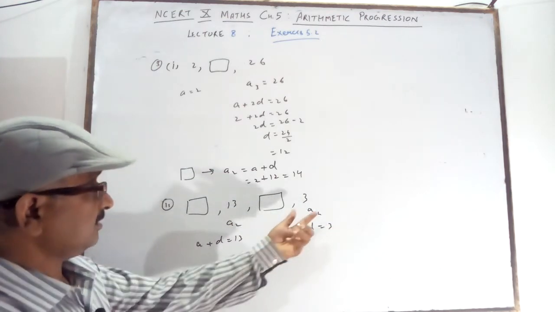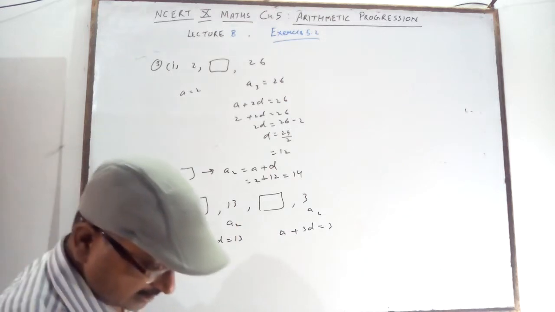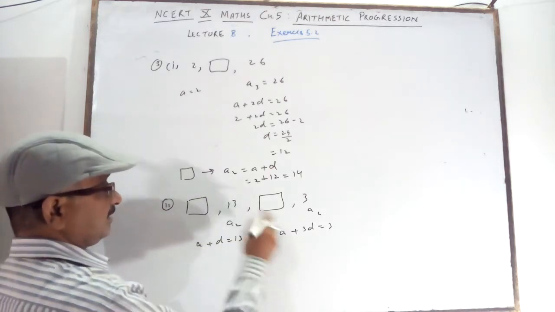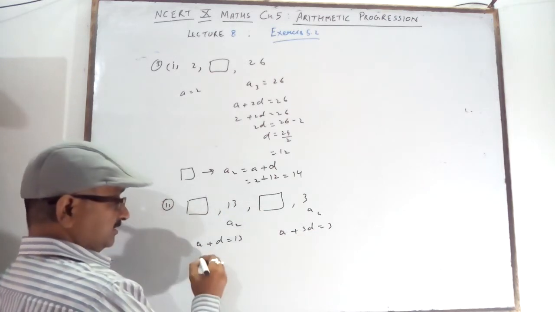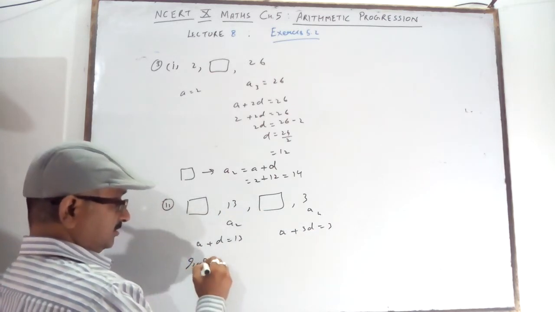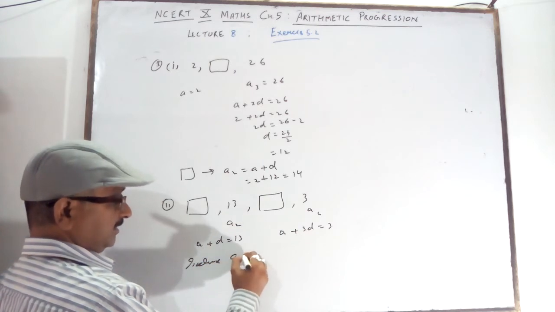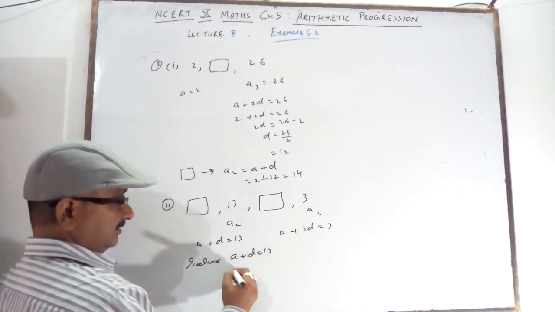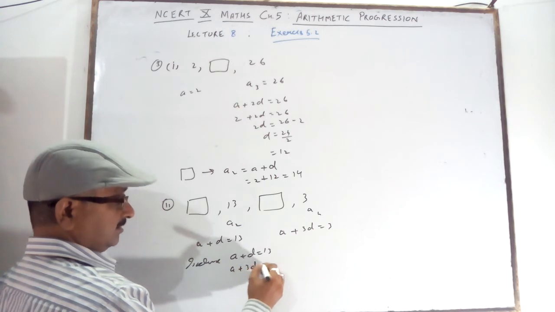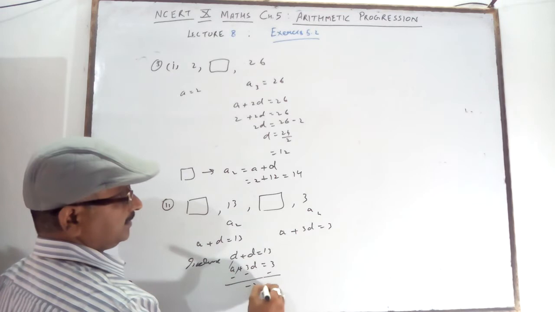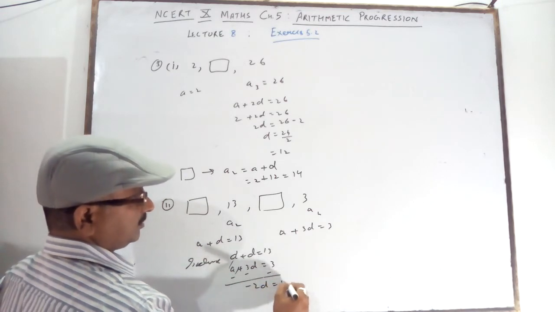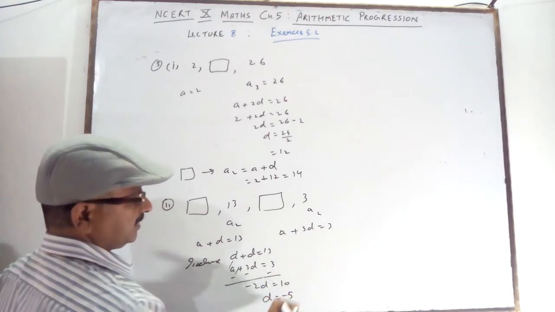Fourth term means a plus 3d, a plus n minus 1 d. Solve both by linear equation. a plus d is equal to 13. a plus 3d is equal to 3. Subtract both. You will get minus 2d is equal to 10, means d is equal to minus 5.